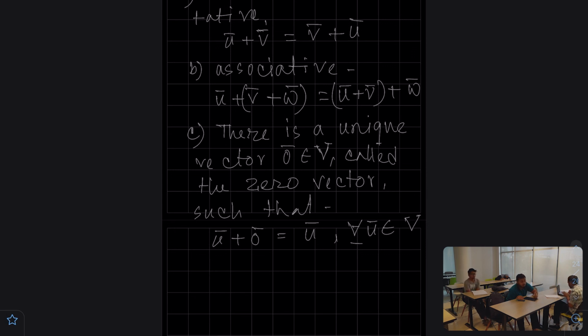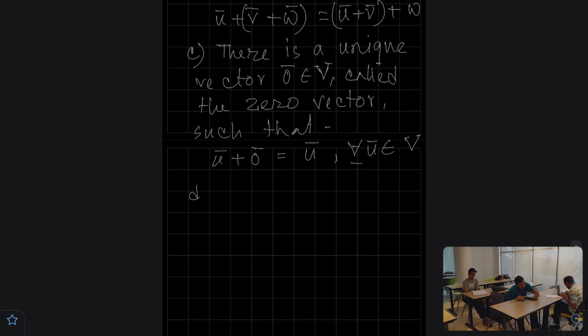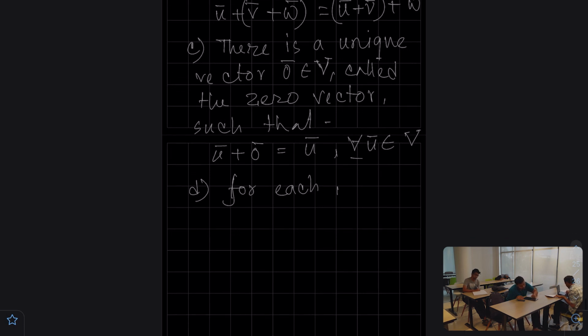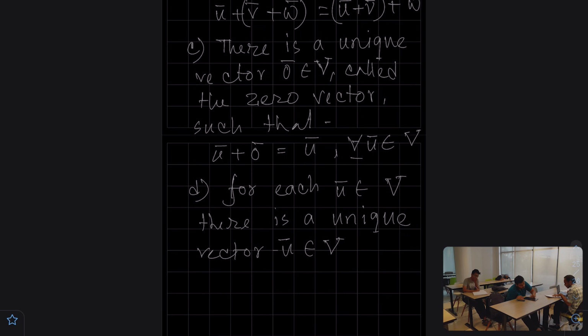Okay, so then there is a D: for each u belonging to V, there is a unique vector minus u belonging to V such that u vector plus minus u vector is equal to 0.